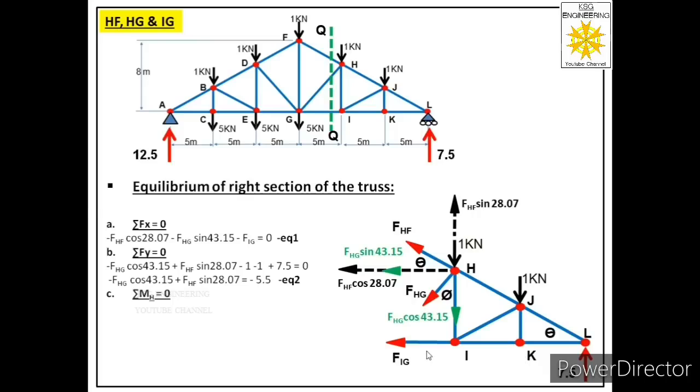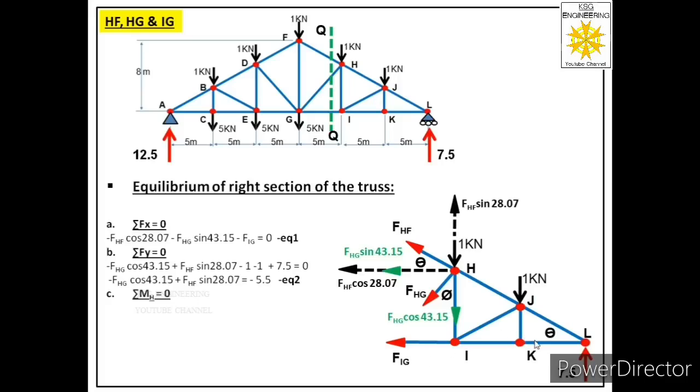So let us discuss the moment because of these three forces about joint H. FIG will generate clockwise moment, so that will be negative, and its magnitude will be FIG into HI. HI we have already found, and the value of HI is equal to 16 by 3. So its magnitude will be FIG into 16 by 3, and that will be a negative moment.